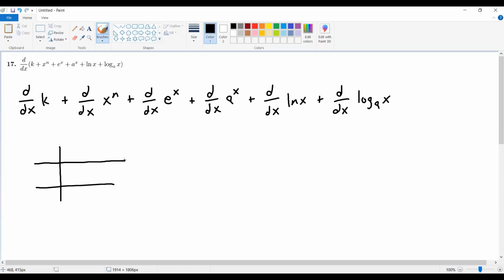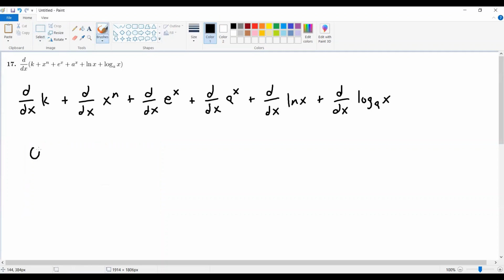And the very word constant implies no change is happening. And since the derivative is how we describe and quantify change, well, then something that never changes should experience 0 change. And so that's why the derivative of a constant is just 0.